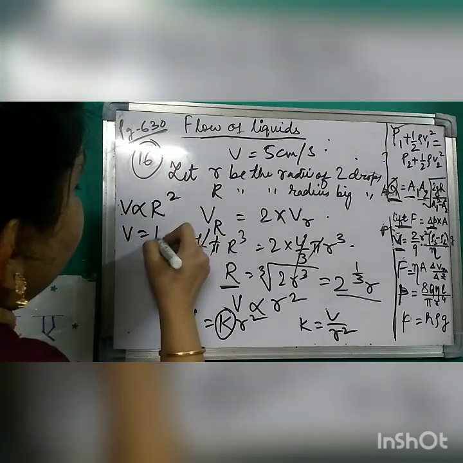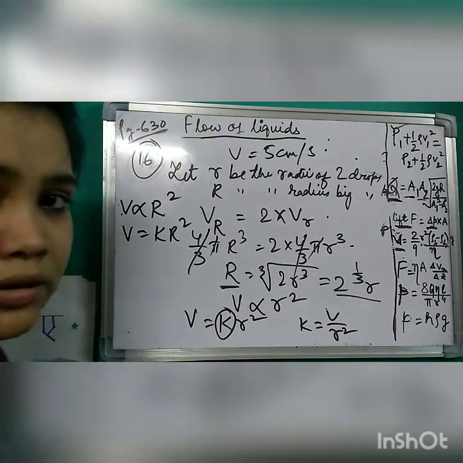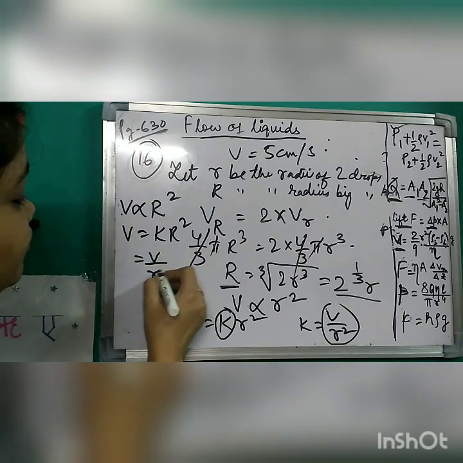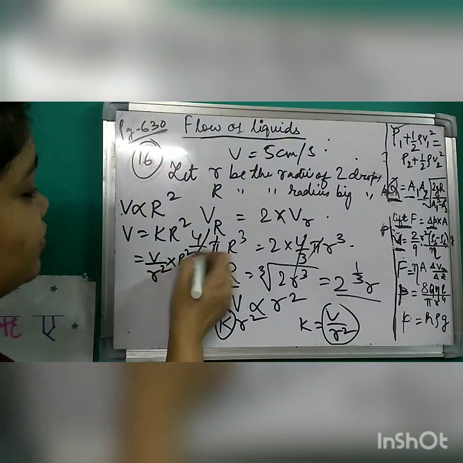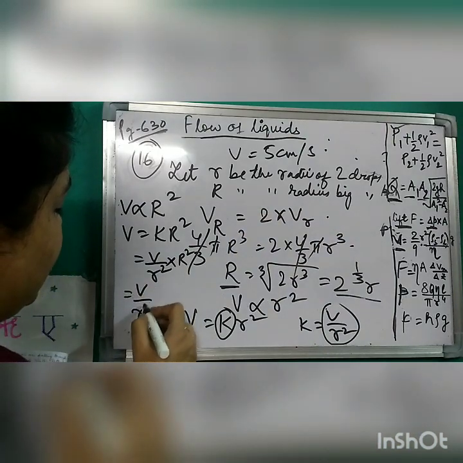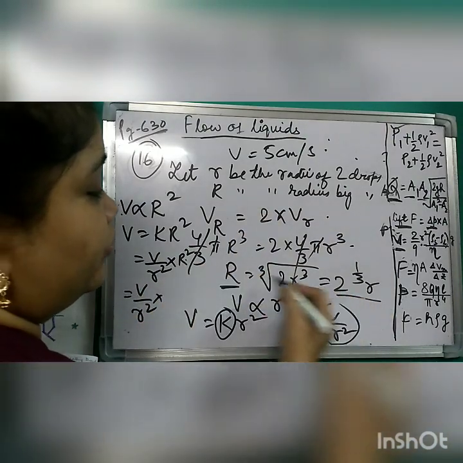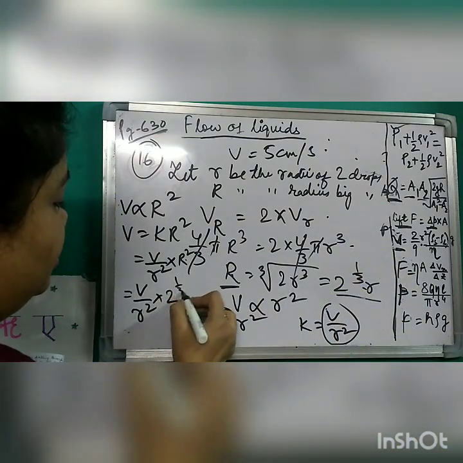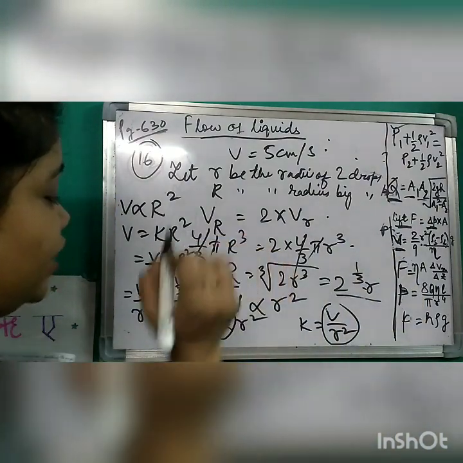So V is equal to K R square. We have got K as V by r square, so let me put it as V by r square into R square. Now what is my R equal to? Instead of R, let me put the value 2^(1/3) r, whole square.